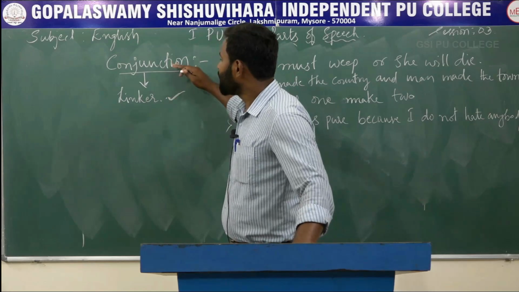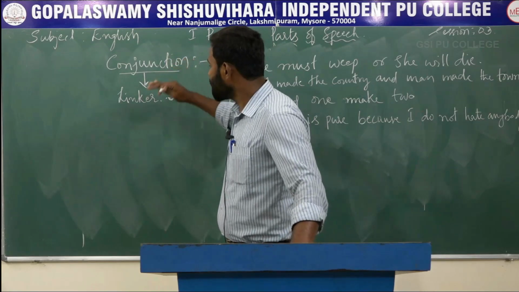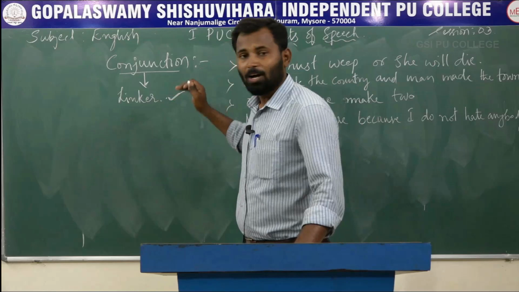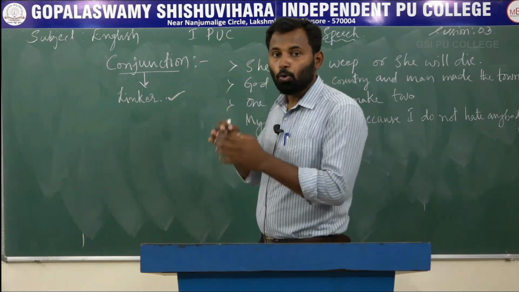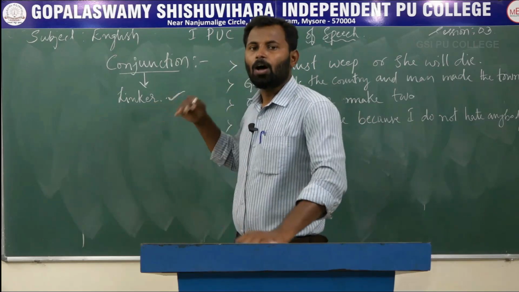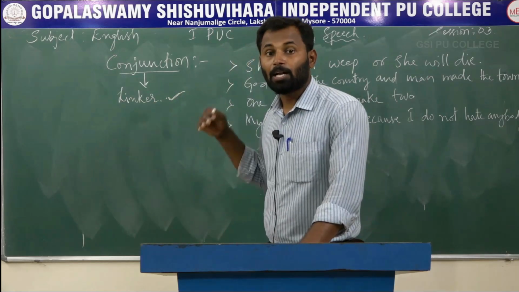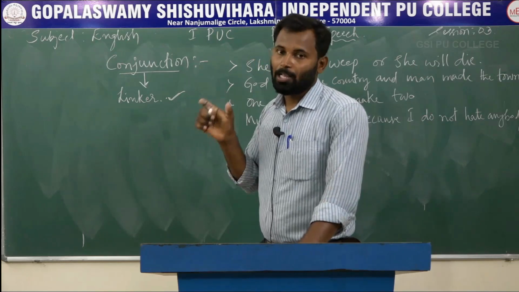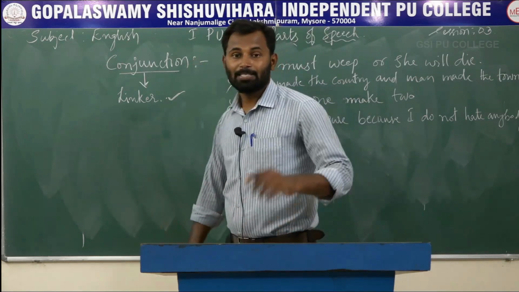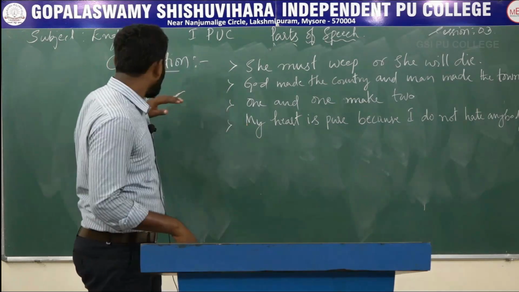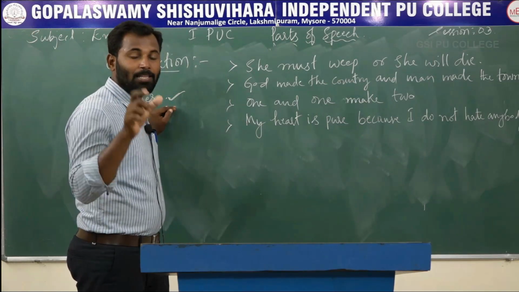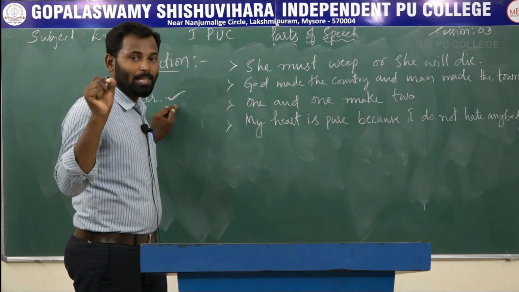A linker is also a word or a group of words that links two parts of a sentence or links two ideas logically. So a conjunction is a word that joins together two different sentences, and a linker links two ideas logically.